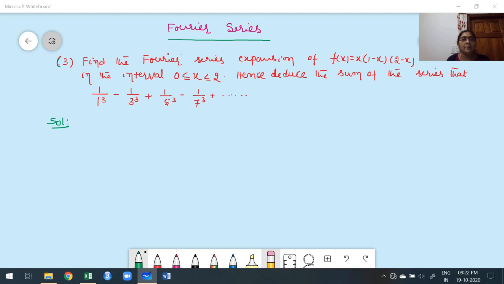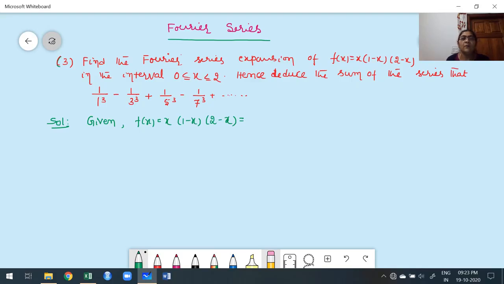What is given in the problem? F of x equals x into 1 minus x into 2 minus x. First, multiply that. We get a cubic polynomial.